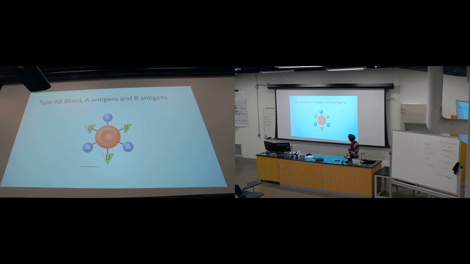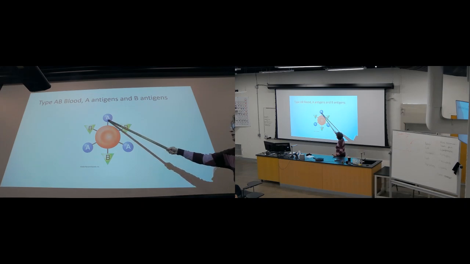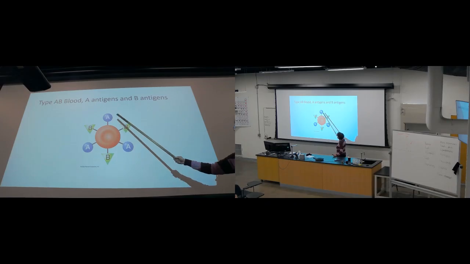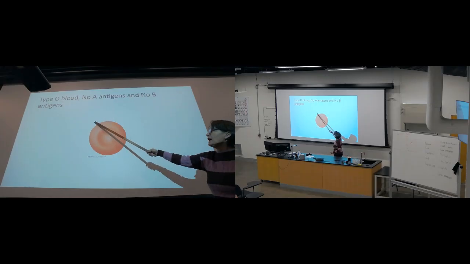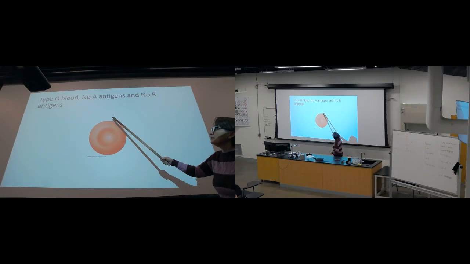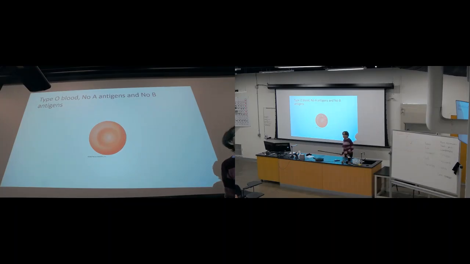And then we have a combination in which you can have both A and B antigens, and then the blood type will be AB. Or you might not have antigens A or B, then you will have type O. So based on ABO, you can have A, B, AB, or O.